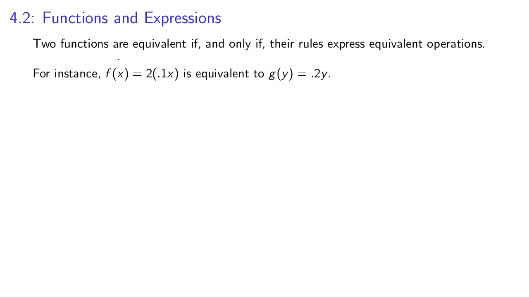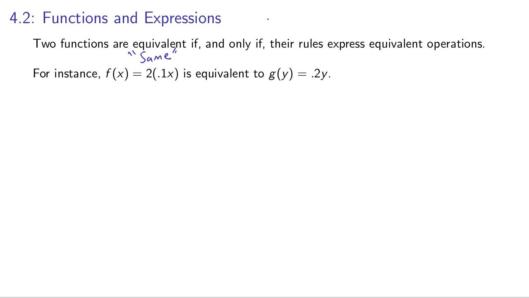What about equivalent functions? You can have two functions that are equivalent, and the book will often just use the word same. Are these two functions the same? What it means by that is that they're equivalent. Two functions are equivalent if and only if their rules express equivalent operations.